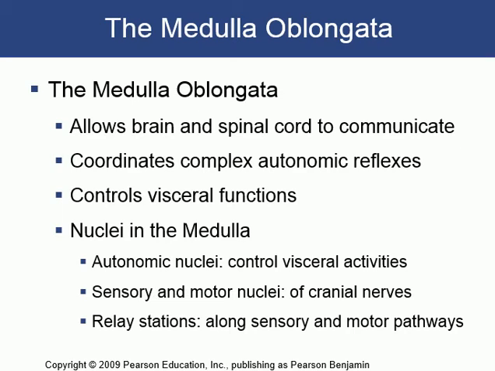So nuclei of the medulla contain autonomic nuclei, controlling visceral activities. Most importantly, beside the visceral, you have the nuclei controlling the lungs. How many times do you think you breathe per minute?